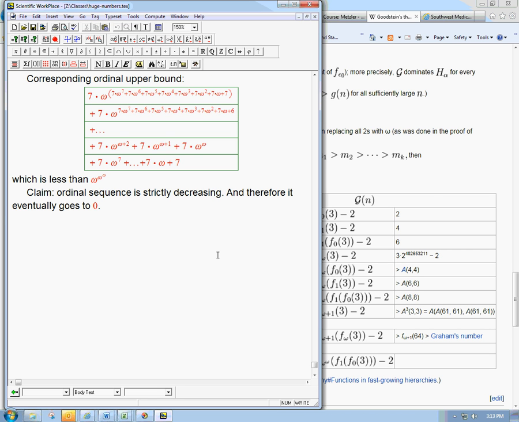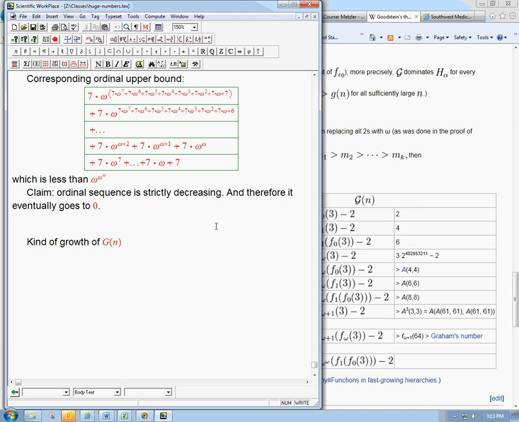So the kind of growth, getting a little bit more vague here, the kind of growth of the Goodstein function, g of n, I just don't want to bother with the script notation.